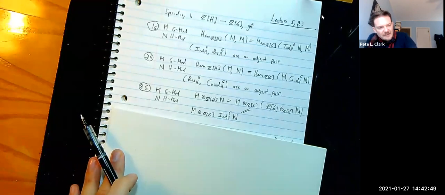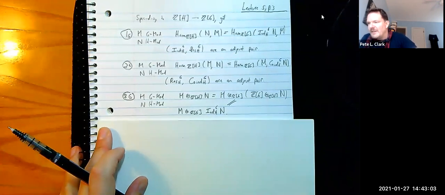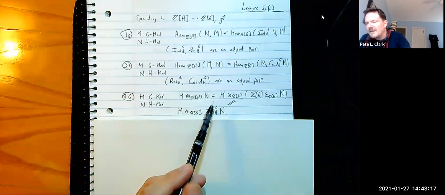Then that's the same as if I took the tensor product over ZG with ZG tensor N. So this telescoping tensor identity is basically saying that M tensored over ZH of N is canonically isomorphic, naturally isomorphic, to M tensor over ZG of ZG tensor N.